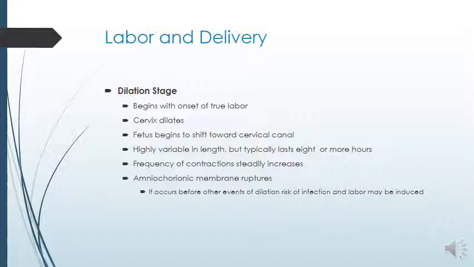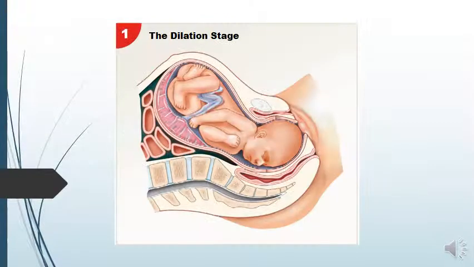And if this happens before the other events of the dilation stage, the life of the fetus may be at risk from infection. And if the risk is sufficiently great, labor may be induced. This slide is showing you the first stage, the dilation stage.